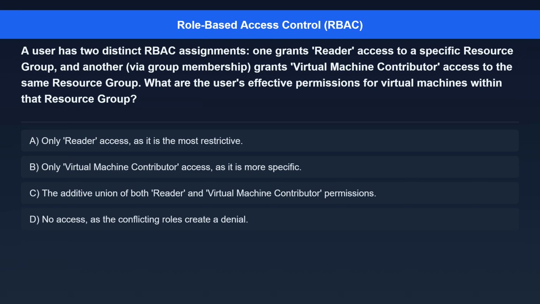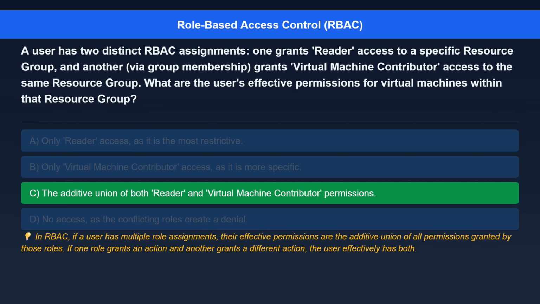Option A. Only Reader access, as it is the most restrictive. Option B. Only Virtual Machine Contributor access, as it is more specific. Option C. The additive union of both Reader and Virtual Machine Contributor permissions. Option D. No access, as the conflicting roles create a denial.